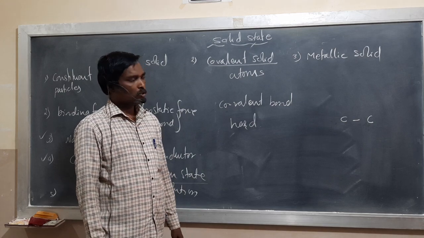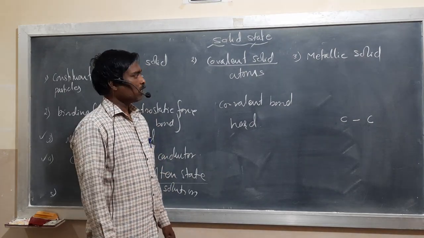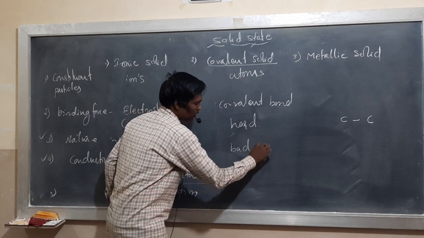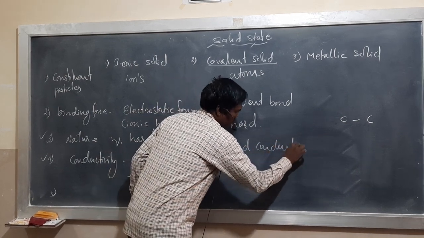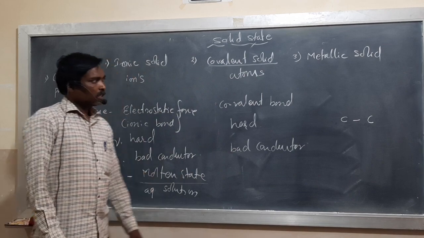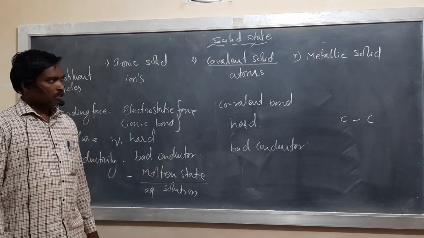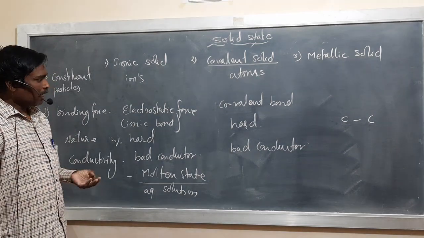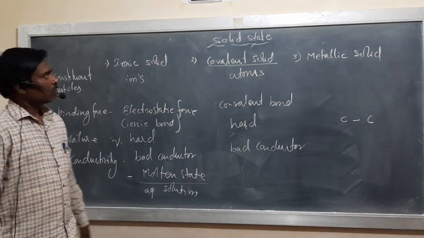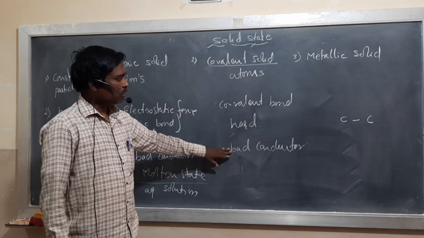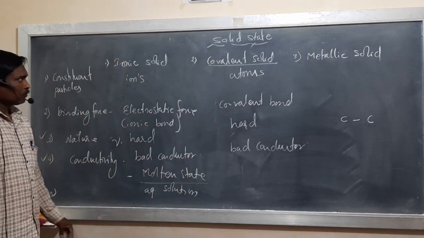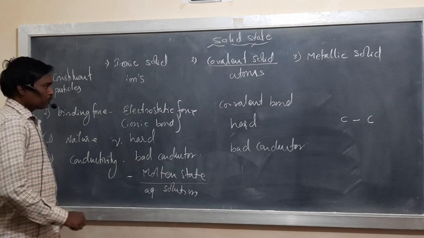In diamond there are no free electrons or ions available. Therefore covalent solids are bad conductors. But graphite is also a covalent solid, and in graphite there is one free electron available. So except for graphite, the other covalent solids are bad conductors in nature. So that is the conductivity of covalent solids.